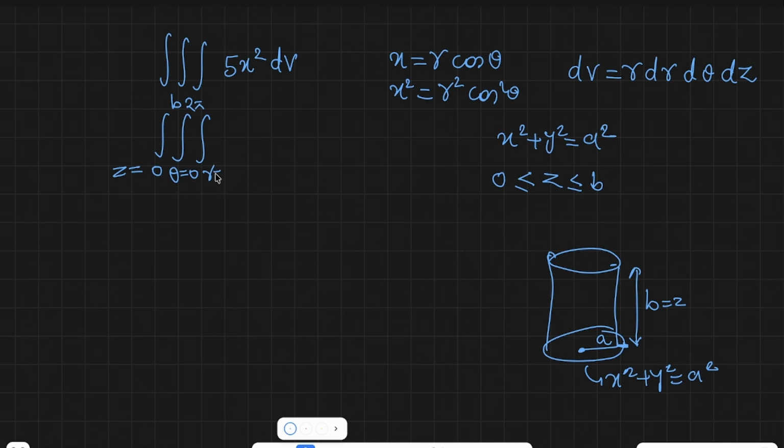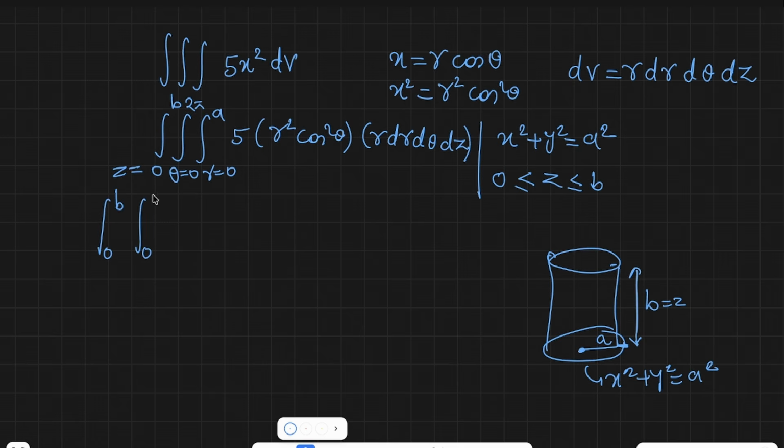And r is basically from 0 to a, and this is your 5x square, that is basically r square cos square theta, and dv is nothing but r dr d theta dz. Now you simplify this. This is from 0 to b, 0 to 2 pi, and this is from 0 to a.